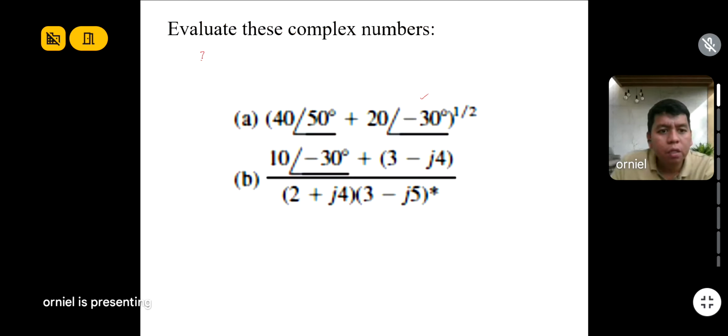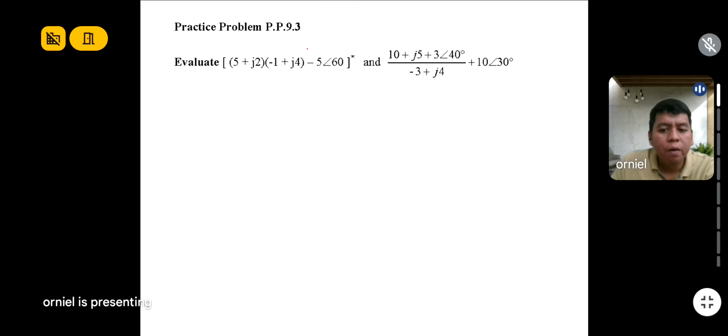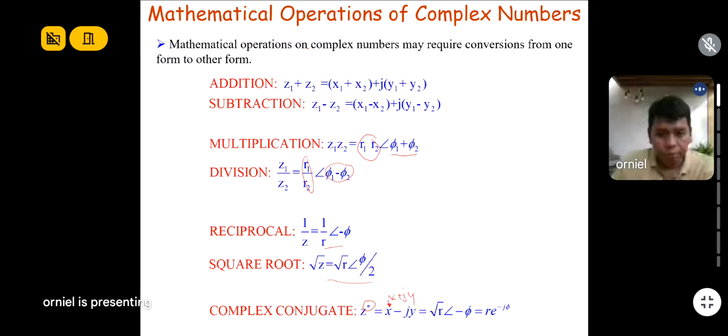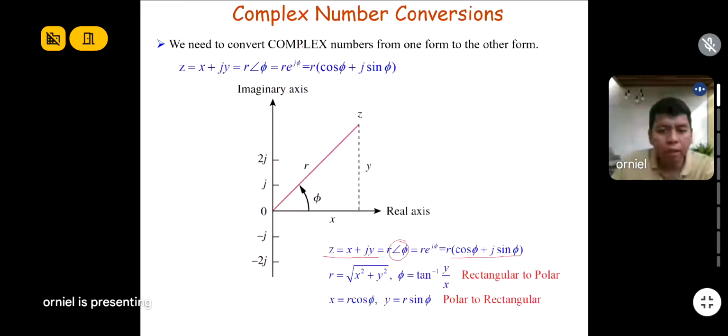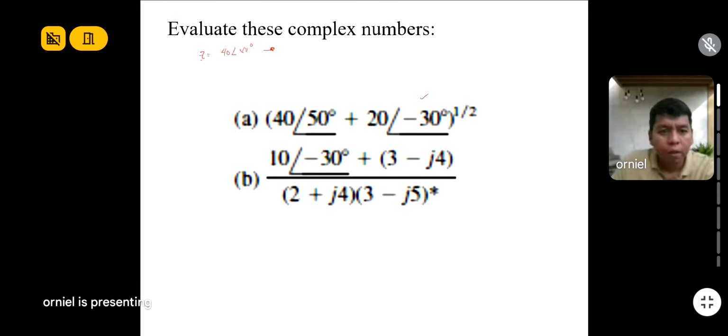Z is equal to 40 angle 50 degrees, so we convert this first. We have R cosine theta plus J sine theta.